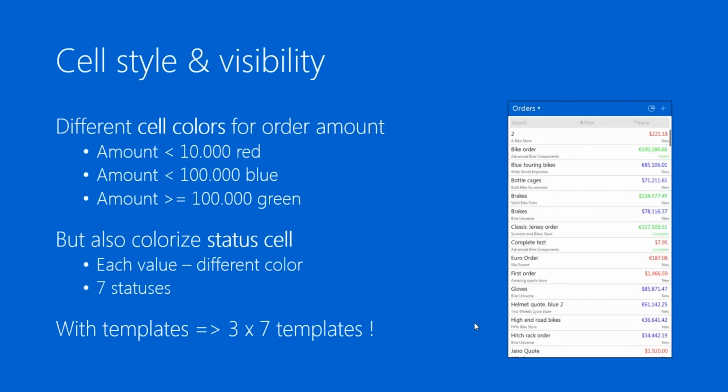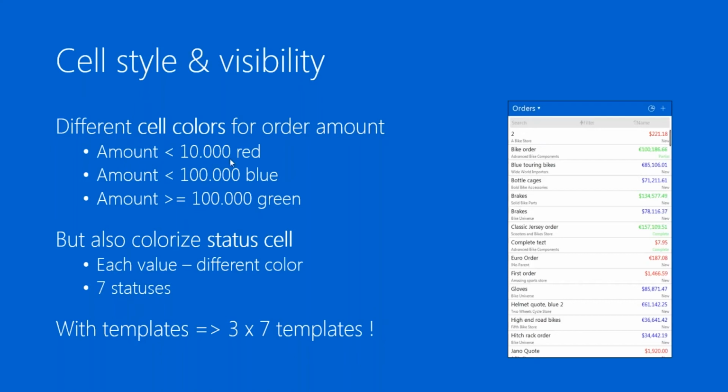Finally, we've done something about cell styles and visibility. Now I will start with a little example, and with something like this, we're trying to do something like this. Perhaps you want to colorize the amounts on the orders and the statuses on the orders.